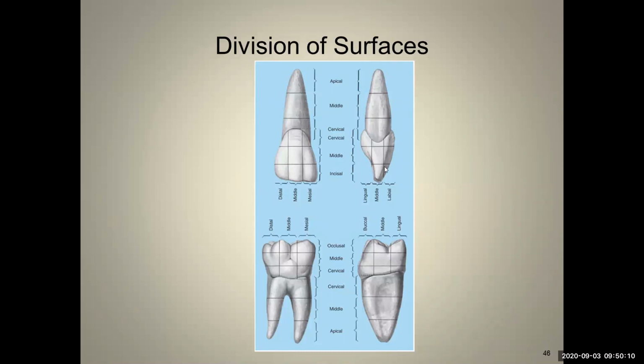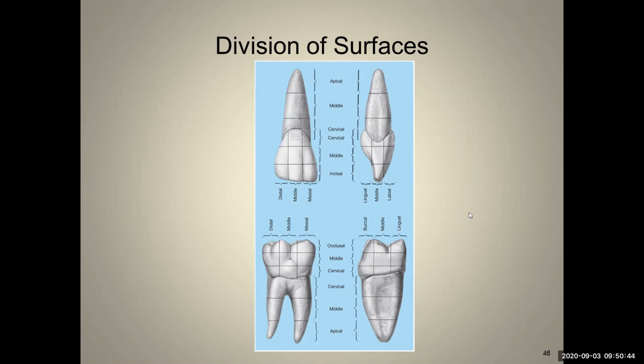And we've got the same thing going on here as well as here. You're dividing the tooth up into thirds. If it's closest to the incisal or the occlusal surface, it is the incisal or occlusal third. You've got the mesial third, the middle third, and the distal third.